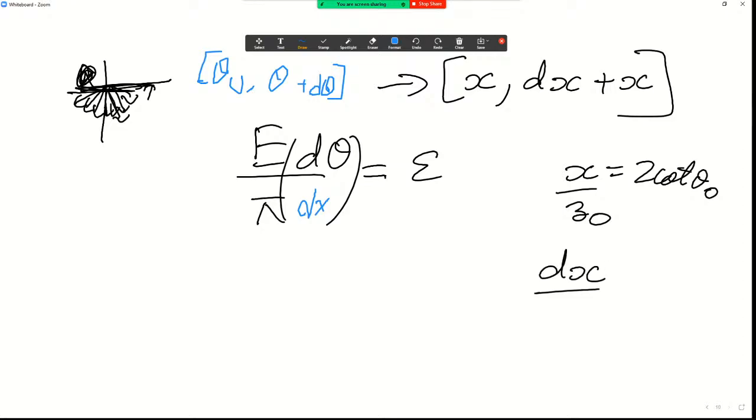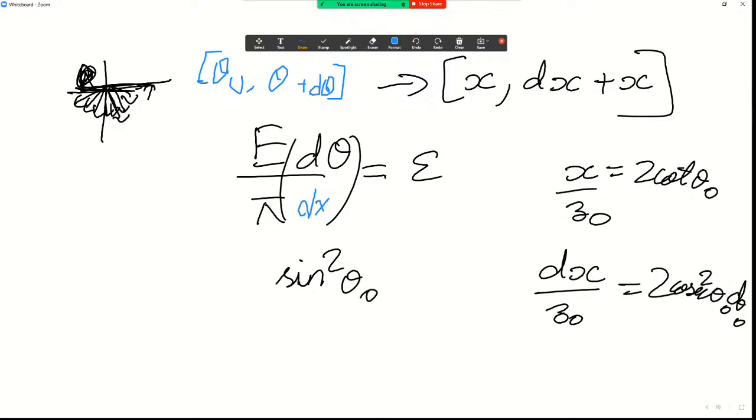So dx equals 2 z naught cot theta cosec square theta d theta. So we get sine square theta naught by 2 z naught into E by pi.